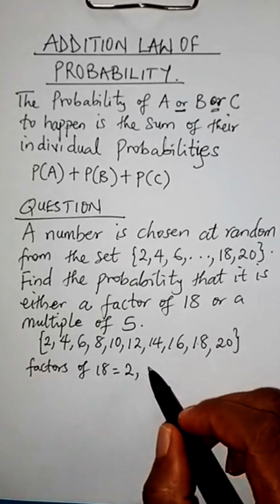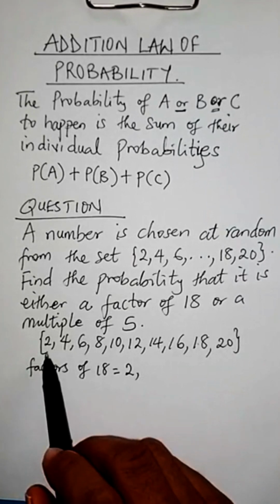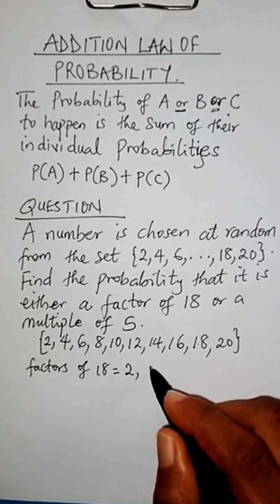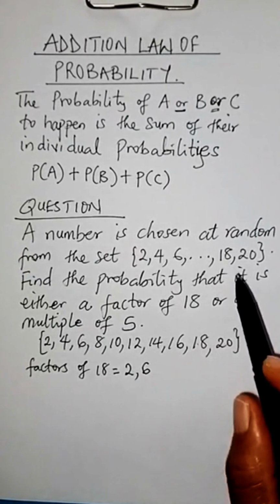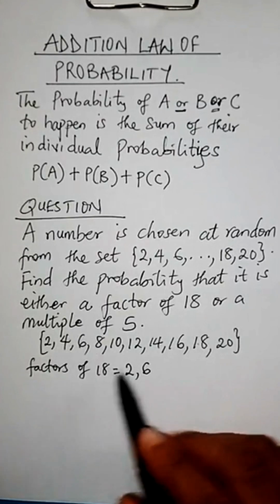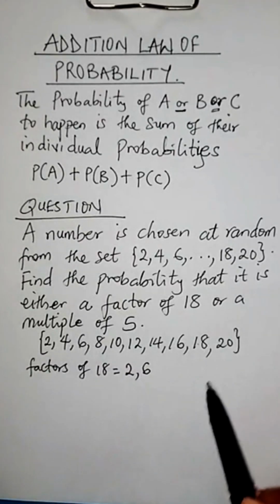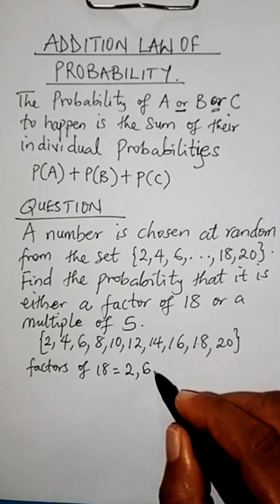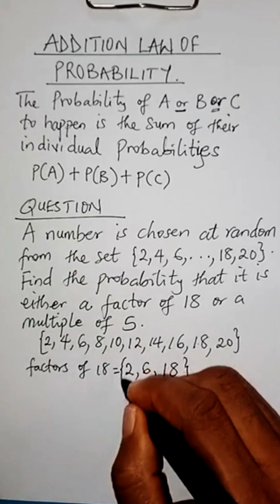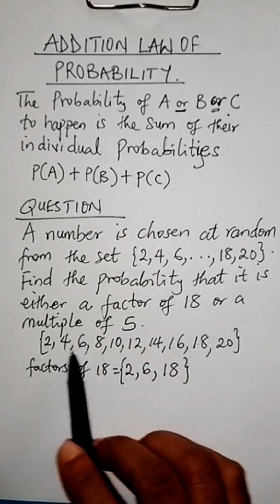So 3 is a factor of 18, but it's not in this set, so I'm not going to write it. The next number should be 6. 6 is a factor of 18, and it's in this set. The next factor is 9, but 9 is not in this set, so I'm going to leave it out. I'll go to the next factor. The next one is 18. So these are the 3 factors. Those are the ones we need because they are the ones in the set given.